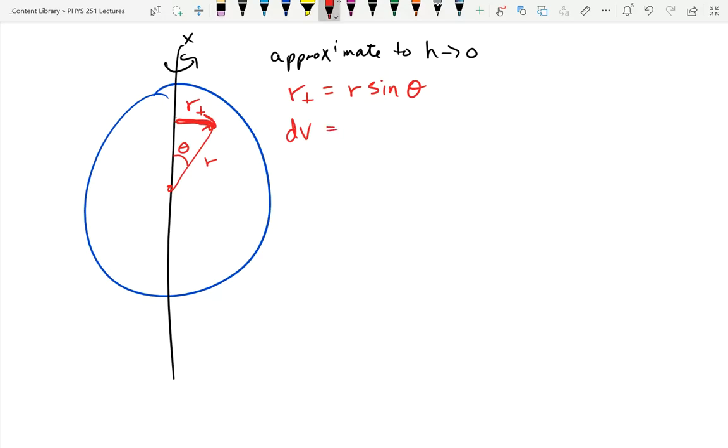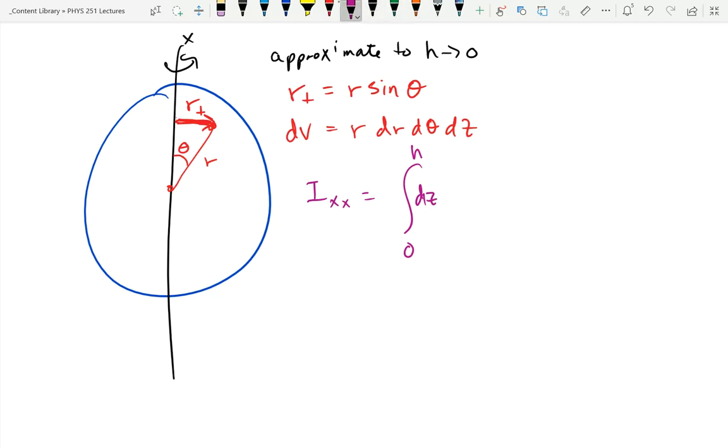So dV is equal to the same as before, r dr d theta dz. And of course, density is the same as before as well. So we go to our integral. Zero to h dz. My h is negligibly small, but I still have to have that there since I'm doing a dV.